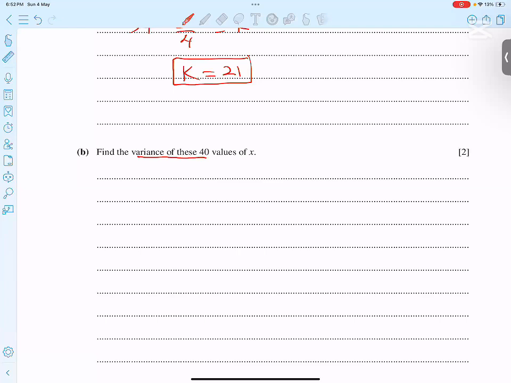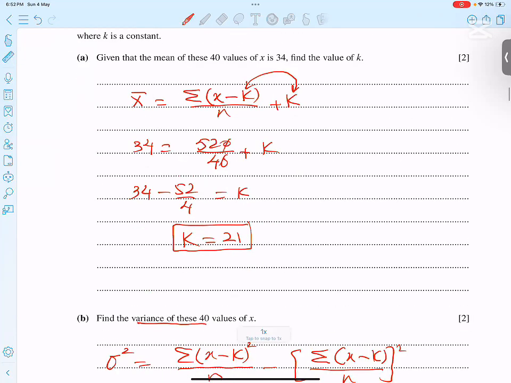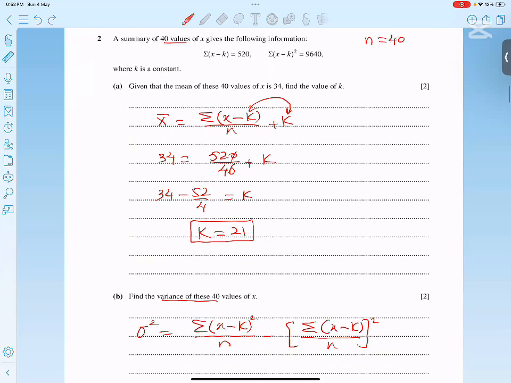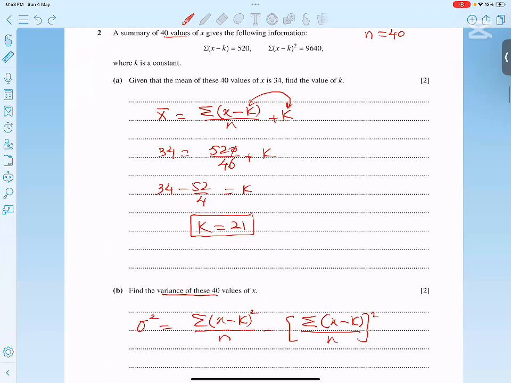The variance formula is sigma squared equals sigma x minus k squared over n, minus sigma x minus k over n, and the whole squared. This is a basic formula, and luckily we have it available with us.